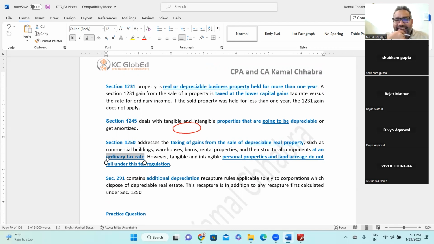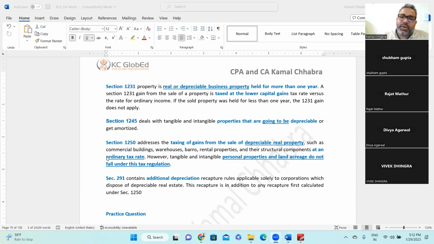Yeah, that's how I remember this concept. These three sections are so correlated, so interrelated, that we need to look at all three together when we are studying. Section 1250 addresses the taxing of gain from sale of depreciable real property, and the component taxed at the ordinary tax rate.